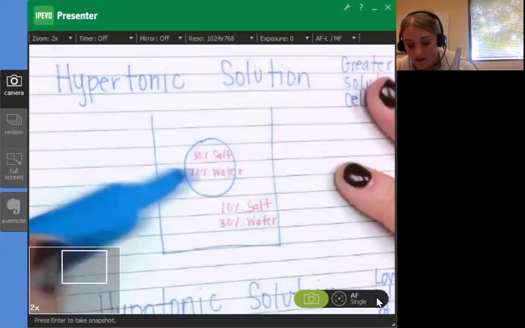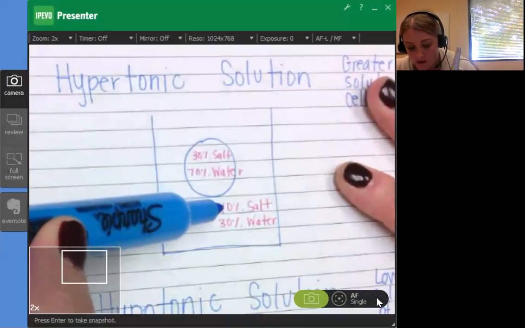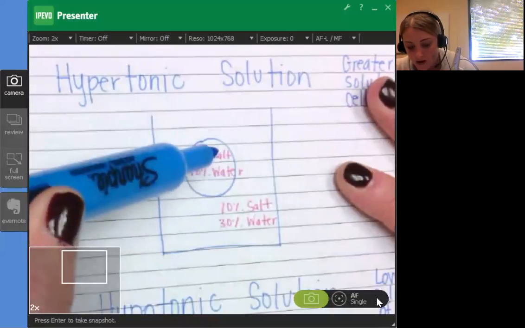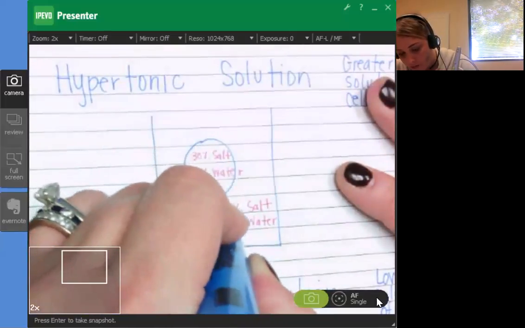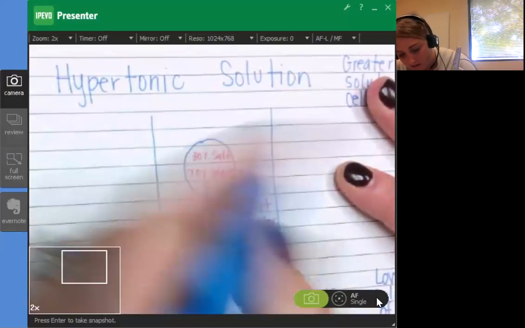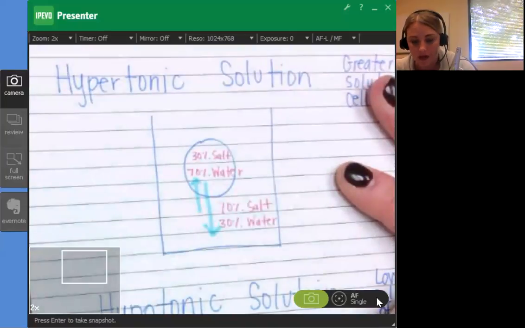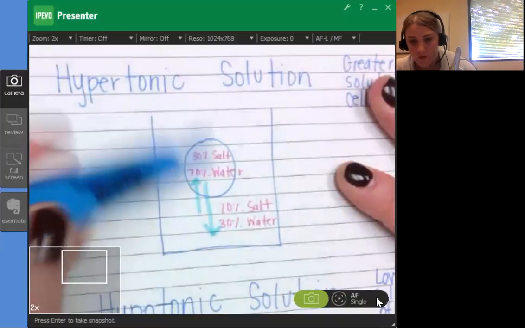Since there is a lower amount of water on the outside than there is on the inside, the water wants to move out. So there's going to be a greater movement out than there is moving in. So more water is going to be moving out than moving in.